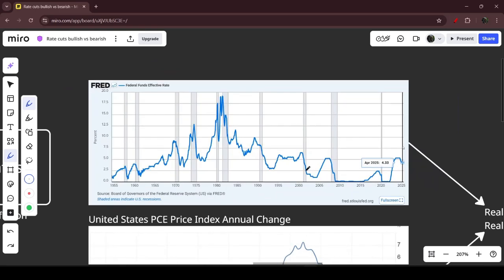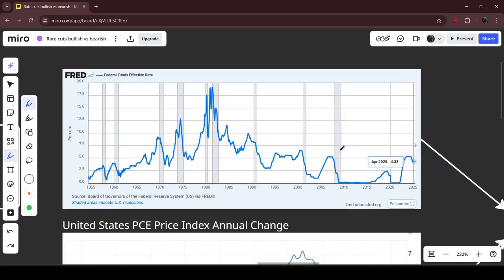The interest rate is the mainstream rate that the Fed establishes in the US, which right now, since April 2025, is sitting around 4.33%, also called the federal funds effective rate.